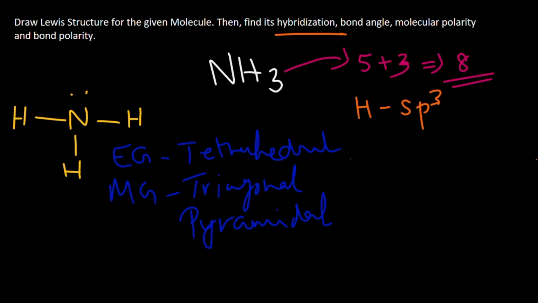Okay, so then if it's a trigonal pyramidal, then our bond angle is going to be somewhere around 109.5. But since the molecular geometry is not tetrahedral, our final bond angle is going to be less than 109.5.